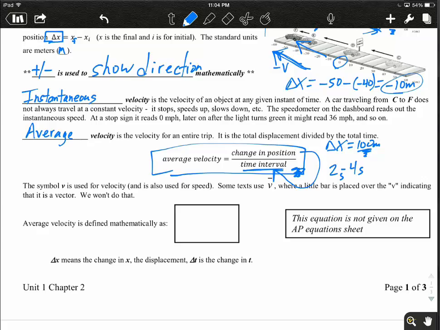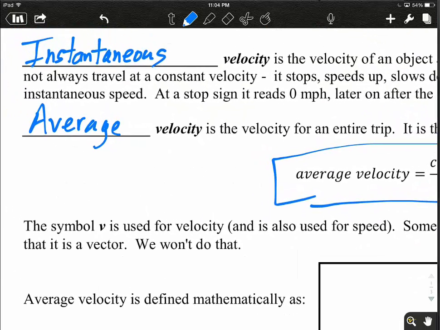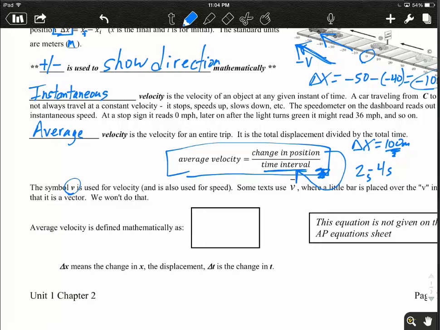So in the equations, a lowercase v is for velocity. Make sure it's lowercase, not a capital. A capital V is for volume. Notice that sometimes for average they might put a little line over it. You're not going to see that much, but if you see it in a textbook, it's saying average.